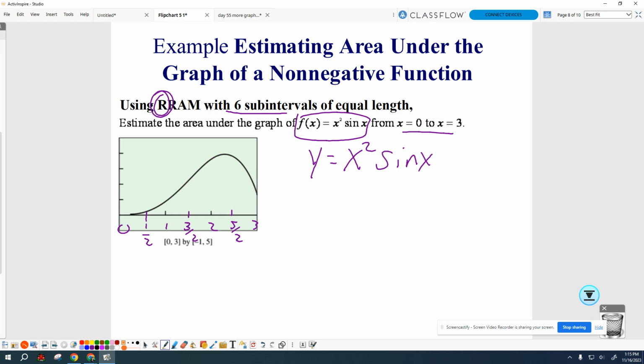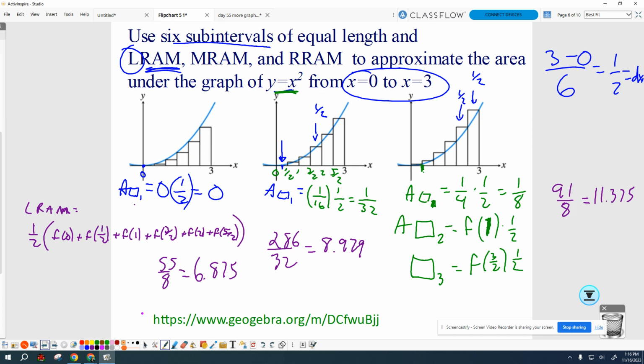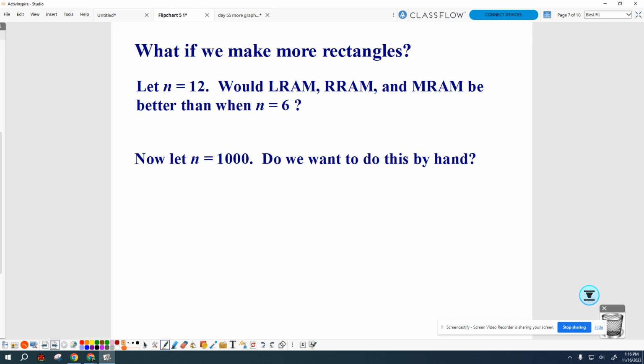There's a small shortcut. Let's look back. I wrote this out as finding the area of the rectangles. They all had a width of 1/2, so I factored it out. Then all I had to do was f of 0 plus f of 1/2 and so on, and multiply them all by 1/2 in the end.